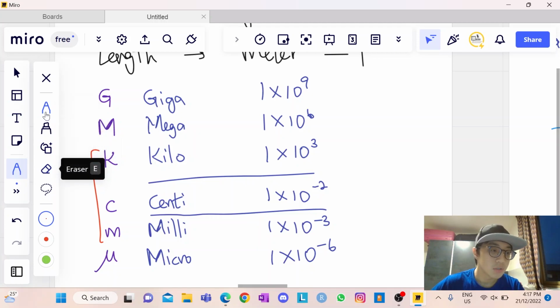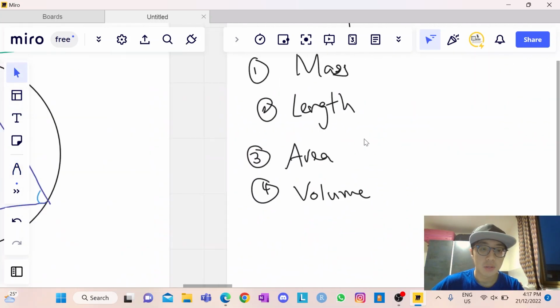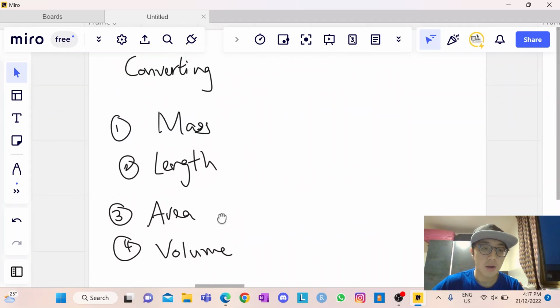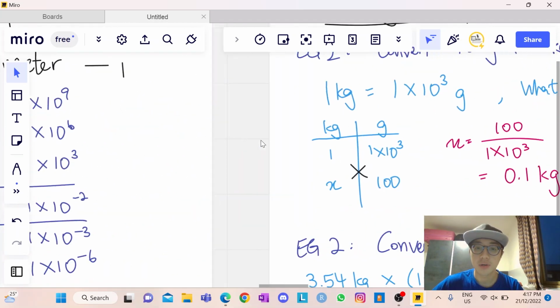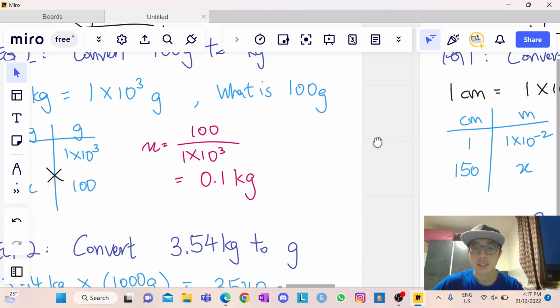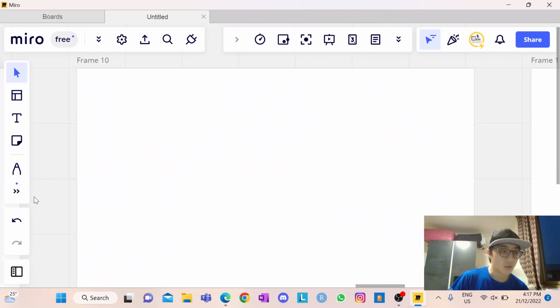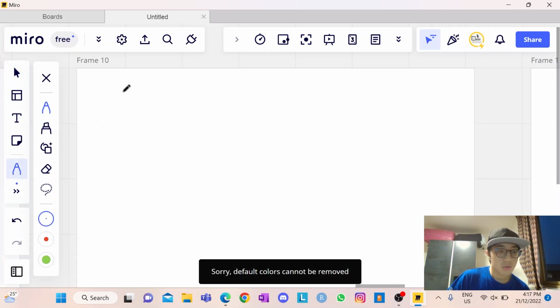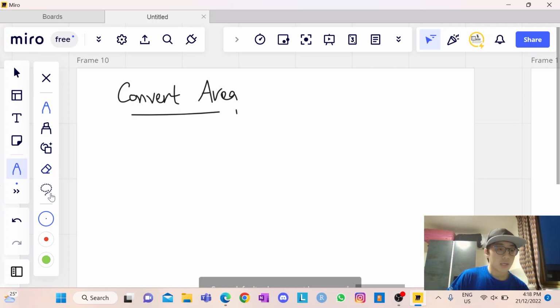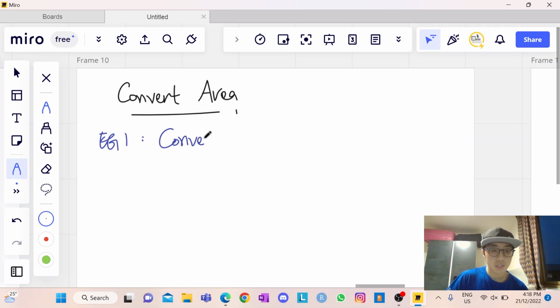Next, the agenda will be to convert area. So what is different about converting area? The example will be: convert 1 meter square to cm square.